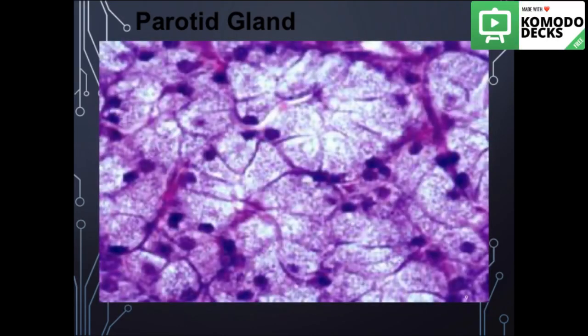A more magnified view showing the granulous appearance of the serous cells, the very small lumen, and appears around the acini in the corner the myoepithelial cells with its high dendrites and processes.